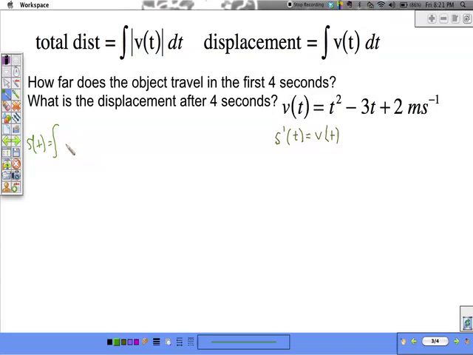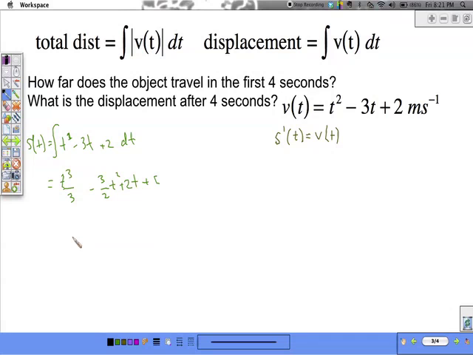I'm going to anti-differentiate without any limits on here of t squared minus 3t plus 2. So my position function is t cubed over 3 minus 3 halves t squared plus 2t plus c.